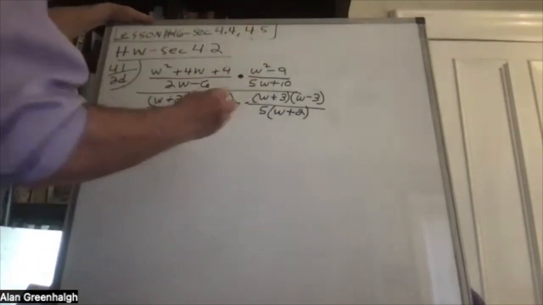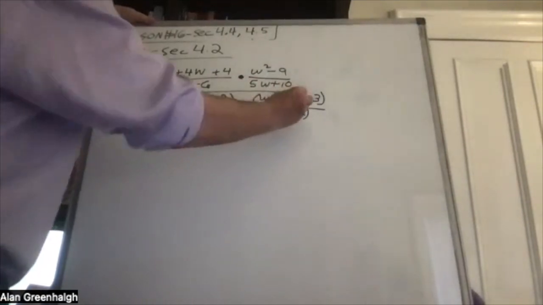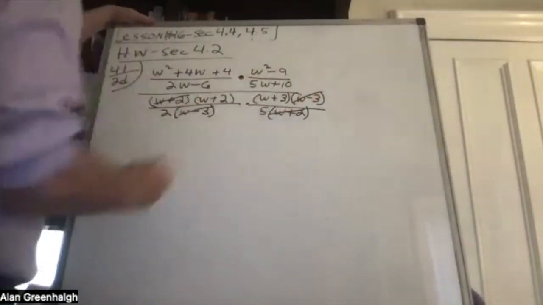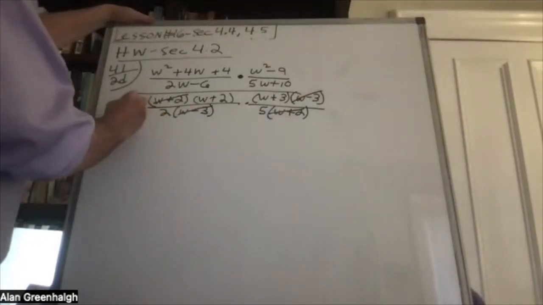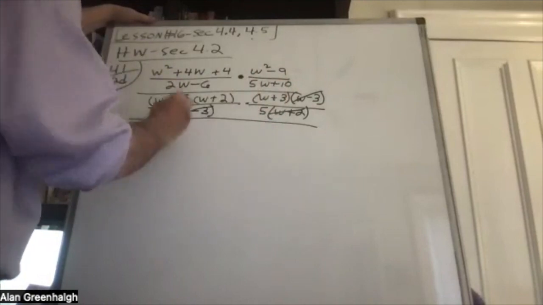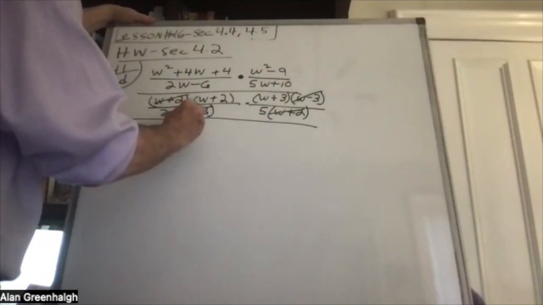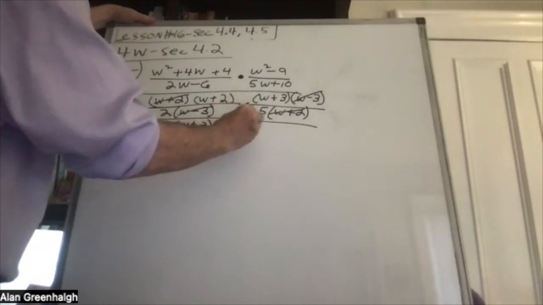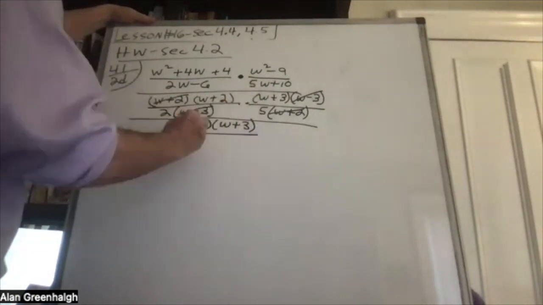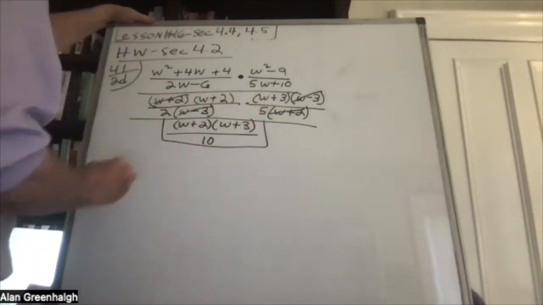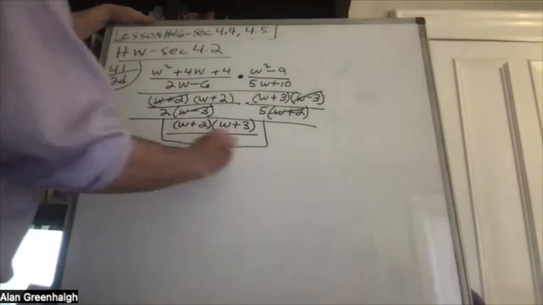You can see that this one cancels out, this one cancels out. That's all you could do pretty much. So don't leave anything behind. W plus 2, W plus 3 divided by 2 times 5 is 10. And that's the answer to the question.